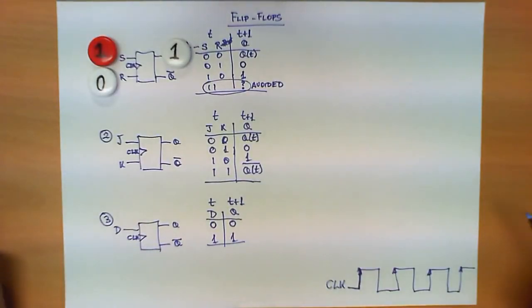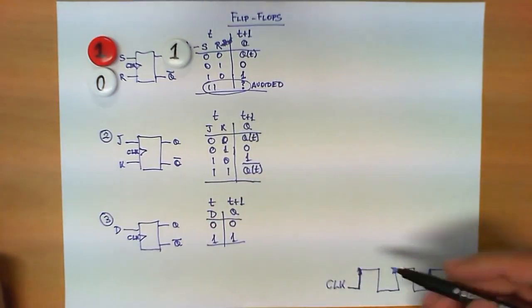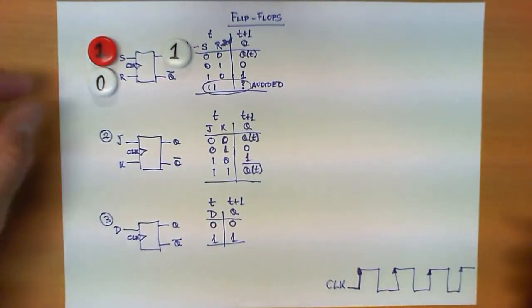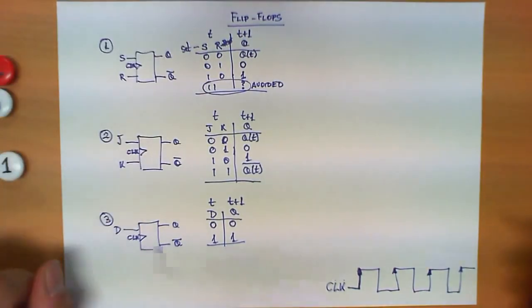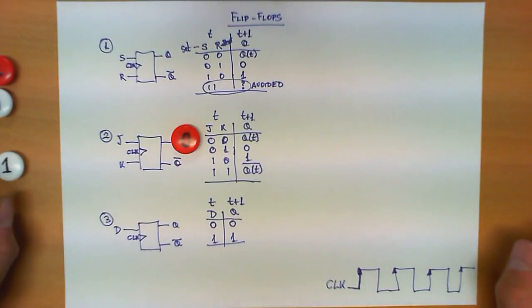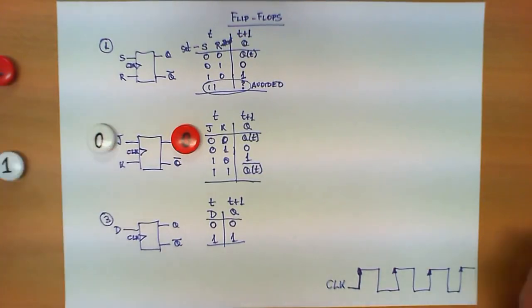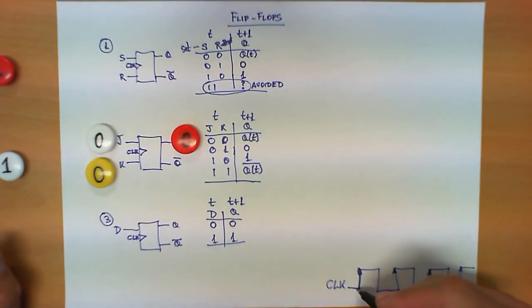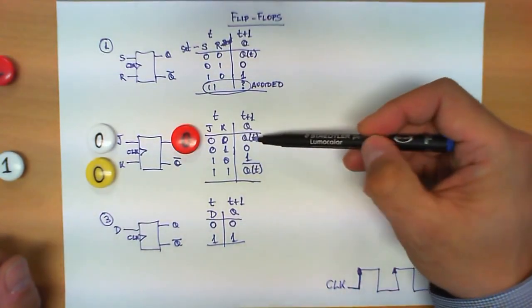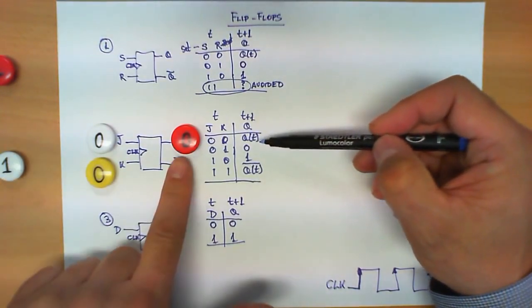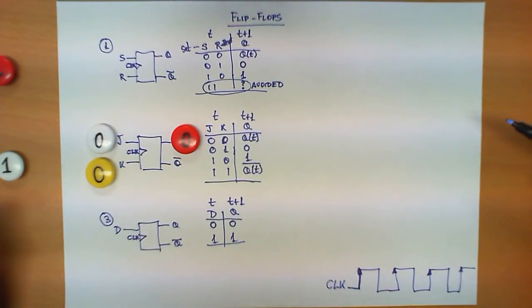Again, the most important thing to remember is that this table is only evaluated when the clock has these raising edges. Let's study another case for the JK flip-flop. Let's imagine that we have a 0 value here, and now we have both inputs equal to 0. Again, time goes by, and by the time the clock makes this transition, this table is telling us that Q of t plus 1 is equal to Q of t, meaning that this signal remains equal to 0.